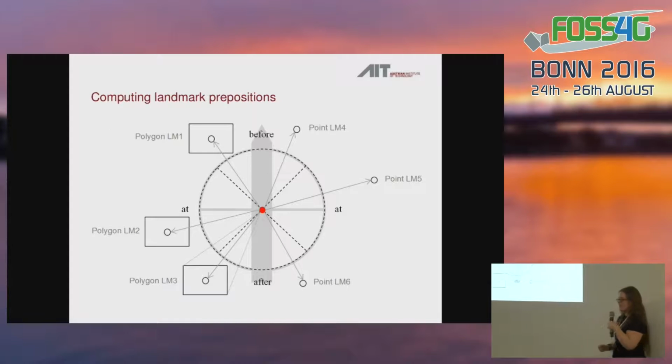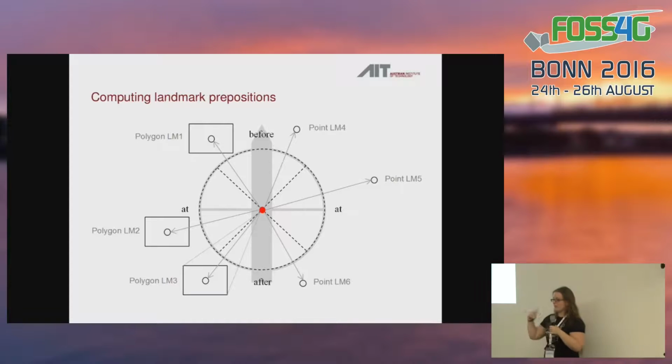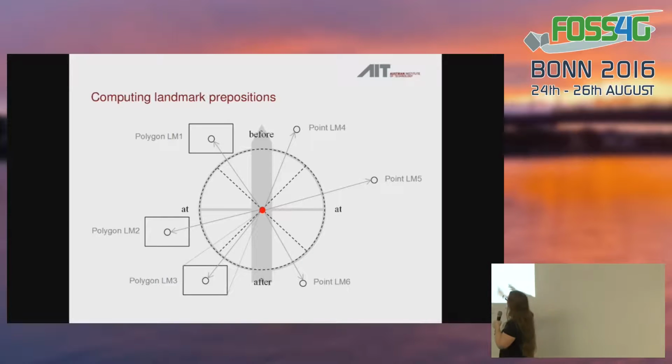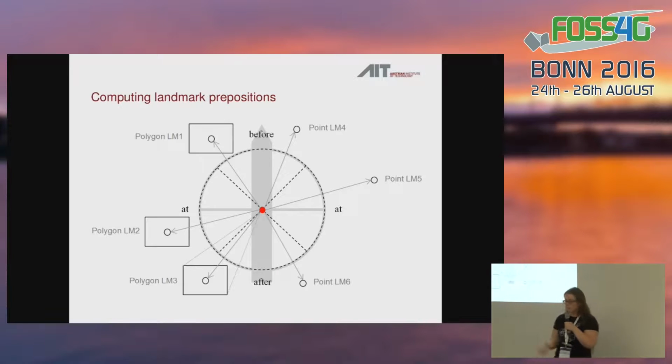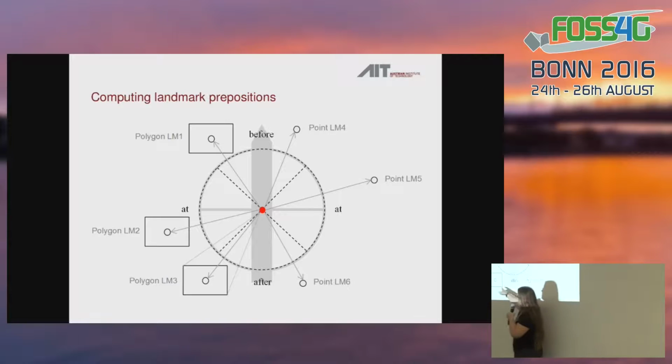So to wrap it up, the other parts that we need. We also need to prepare the preposition. So do you turn before, after, or at a point? For the points, it's simple. You can just calculate the angle with the route. For the polygons, it's a bit trickier because, as you can see, I could select any of the corner points and they would give sometimes confusing results because they end up in different categories.